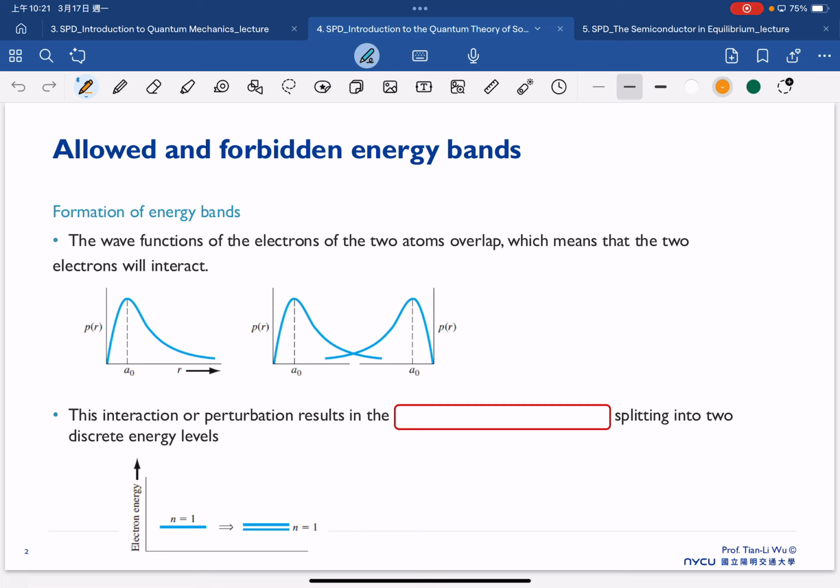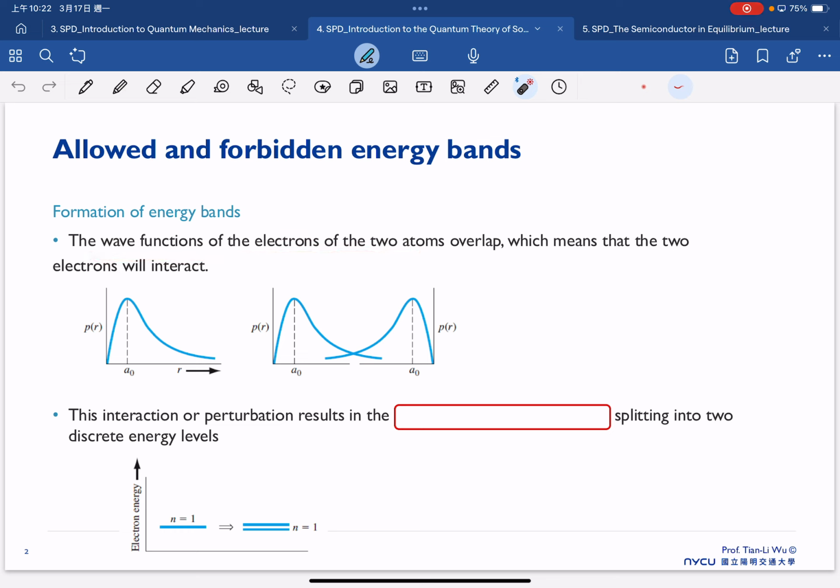So first we have to understand why there is a formation of an energy band. And what we learn from quantum mechanics, we use a lot of the wave equation. The wave equation is trying to understand the electron behavior. So, the wave equation of electrons of two atoms.